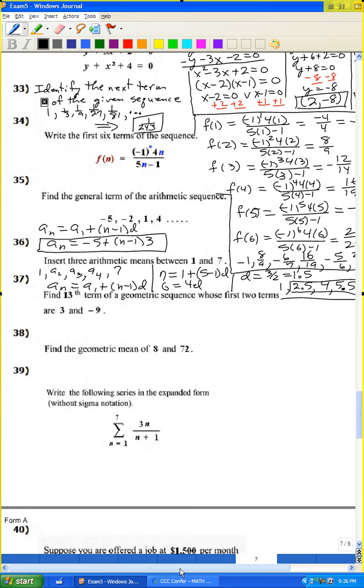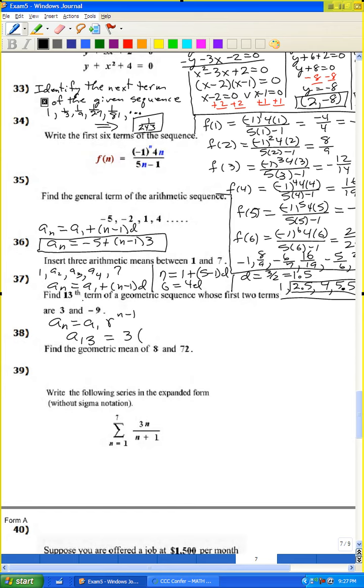Find the 13th term of this geometric sequence. In a geometric sequence, a sub n is a1 r to the n minus 1. The 13th term is going to be, well, a sub 1, the first two terms are 3 and -9, so the first term is 3.